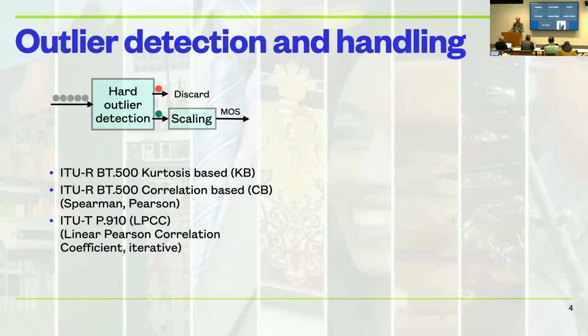The correlation-based one looks at Spearman and Pearson correlation and takes some minimum there, and then has a threshold that is adapted accordingly. And similarly in P910, which is an iterative method in comparison to BT500.